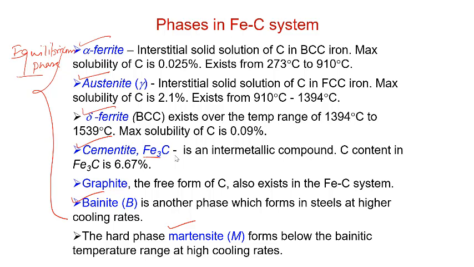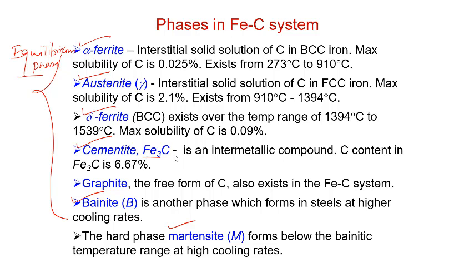And then we have two more phases that you come across here. Delta ferrite, which is the high temperature BCC phase that exists beyond 1394 degrees Celsius. And then we have the cementite phase, which is again a very important phase here, because the presence of cementite will be almost invariable in most of the microstructures that you would come across in many steels.